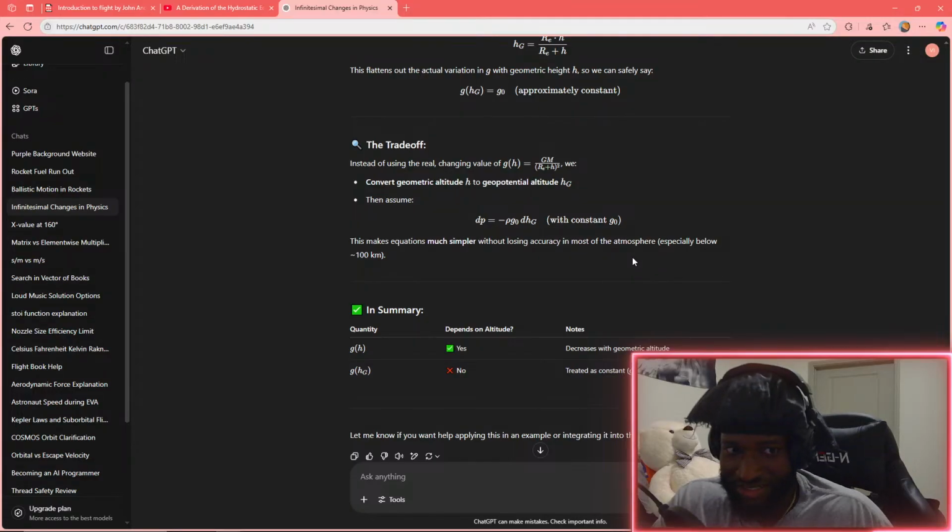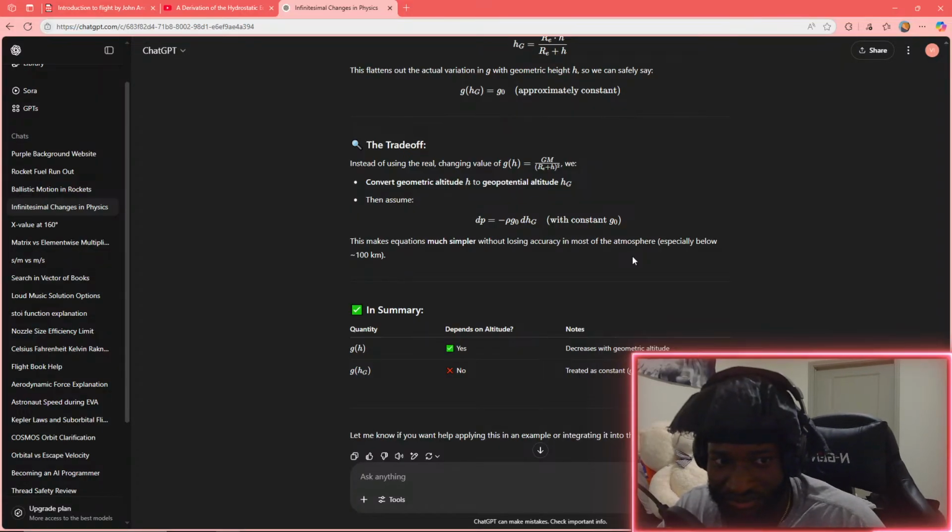Essentially, our geometric altitude is that height just above sea level if we use the regular 9.8 meters per second squared acceleration due to gravity, whereas our geopotential altitude is different. As you go higher, gravity gets weaker. So the geopotential altitude formula is just taking into account how gravity gets weaker as you go higher.